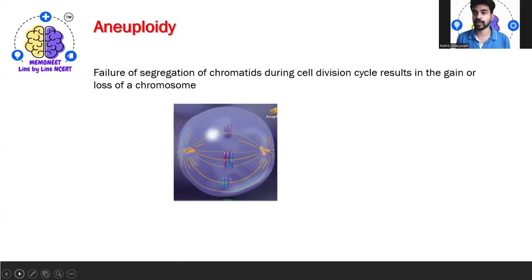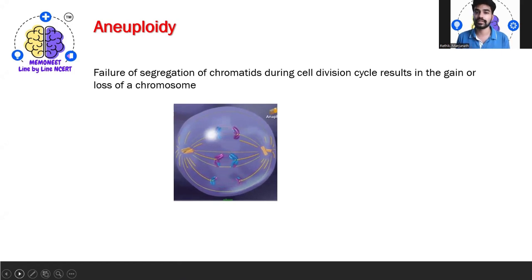We know what chromatids are if you get into the cell division chapter. During the segregation of these chromatids, the homologous chromosomes, the mother chromosomes, get divided into two daughter sister chromatids, something like that, right?